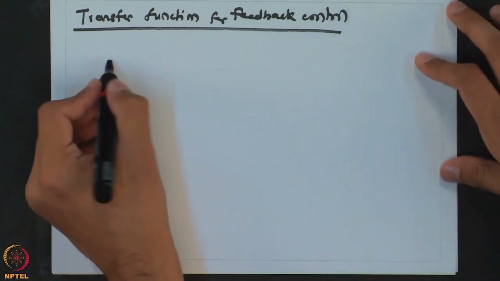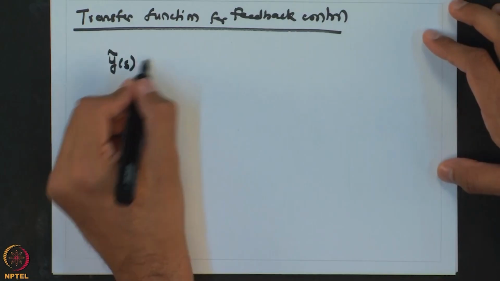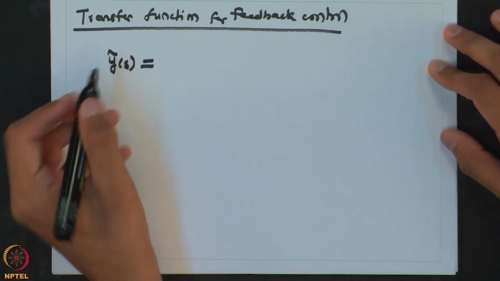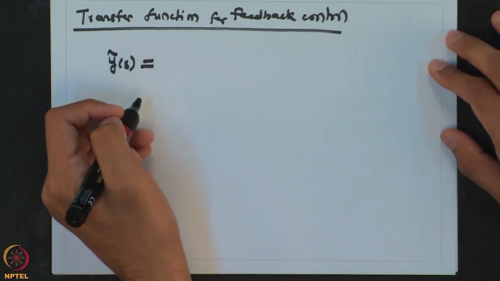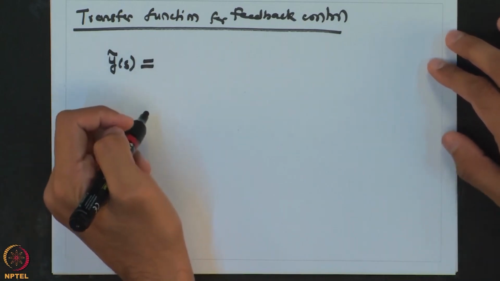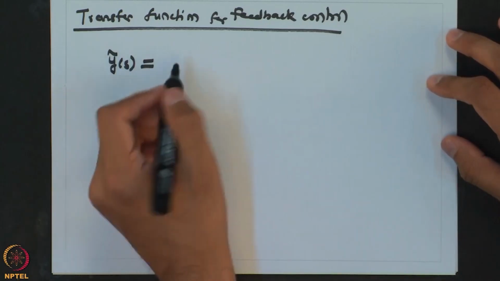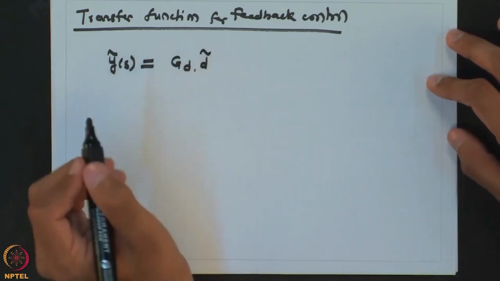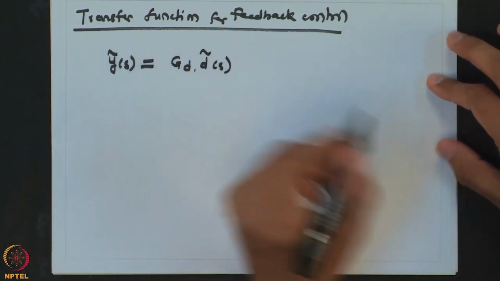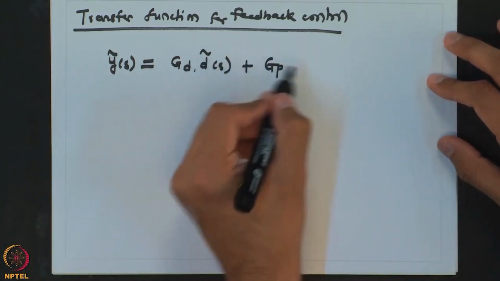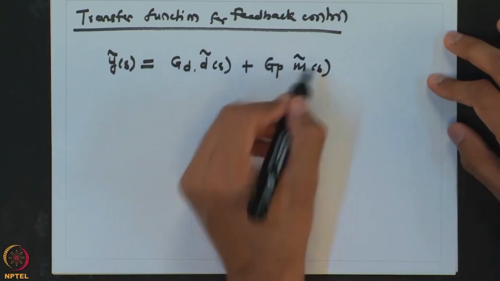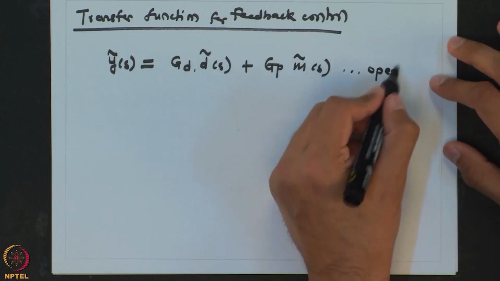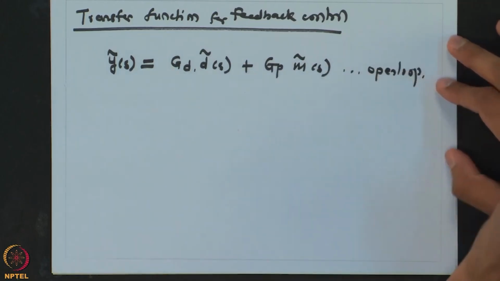We can write that Ys is the sum of two parts. One is the contribution from the disturbance and the other is the contribution from the manipulated part. So, it will be equal to Gd times the Laplace of disturbance plus Gp times the manipulated variable. This is the same as the open loop when there is no controller.